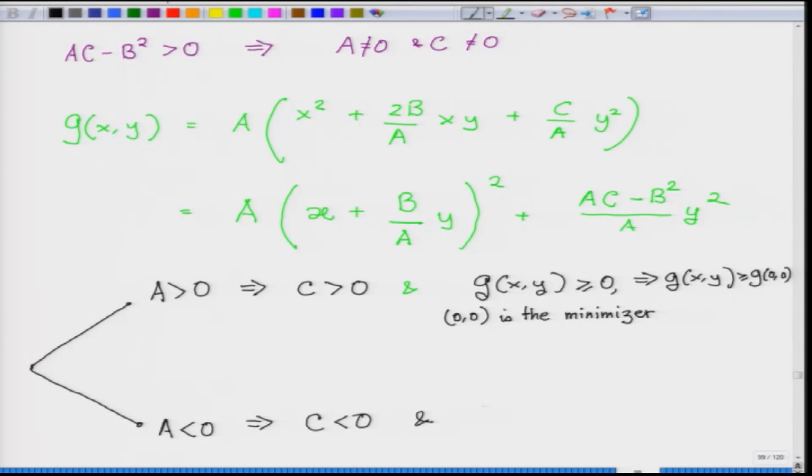So, g(x,y) will become less than 0 for all x, y. Then for all x, y, g(x,y) is less than g(0,0), or (0,0) is the maximizer.